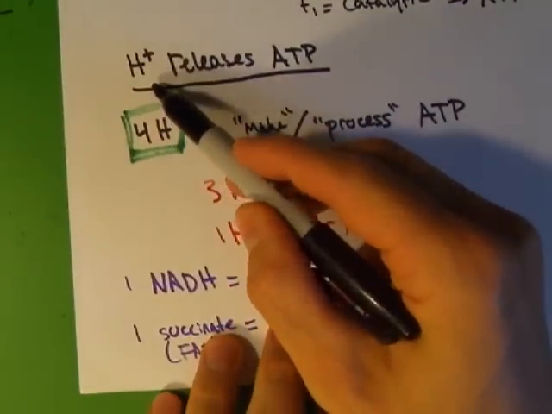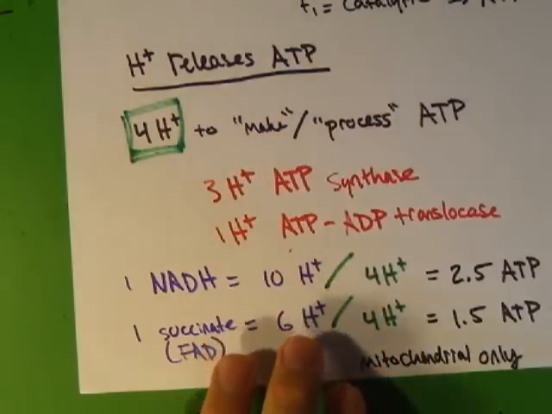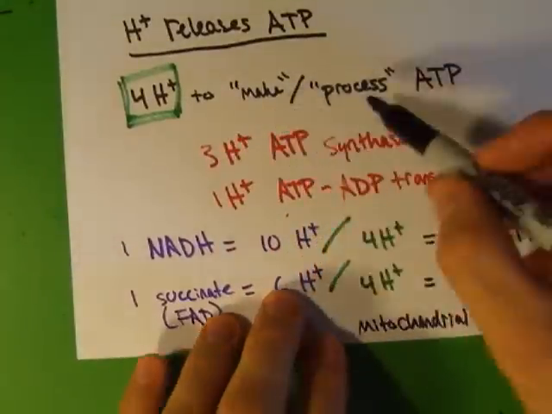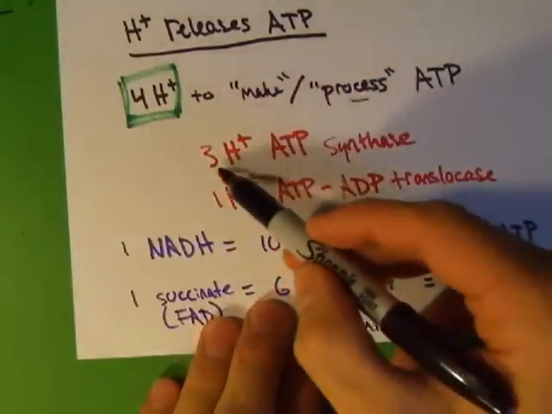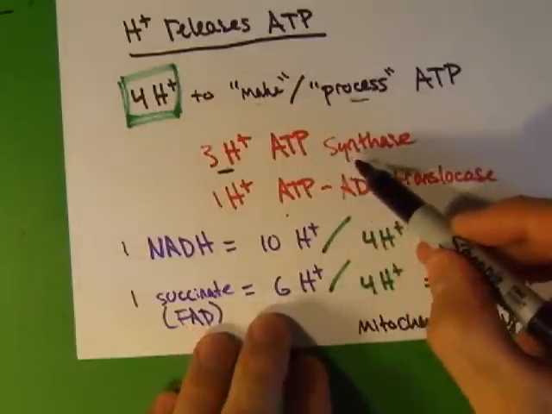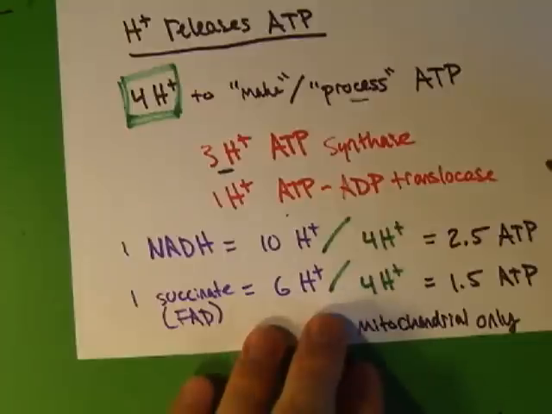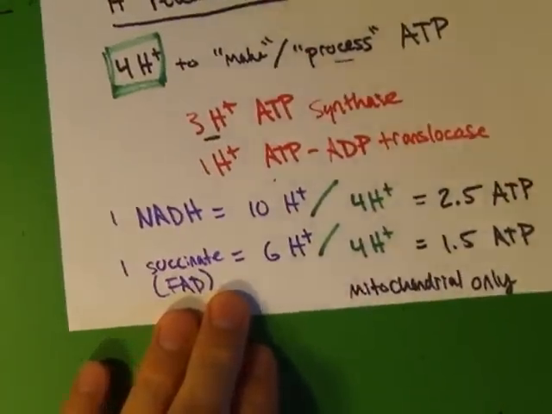So know that the proton does not make the ATP, it simply releases the ATP. And it takes 4 protons to make one. Not really making one, more processing an ATP. 3 of the protons go to ATP synthase, and 1 of them goes to ATP-ADP translocase. And that's to export it to wherever it needs to go.